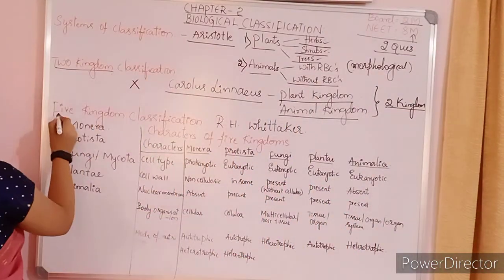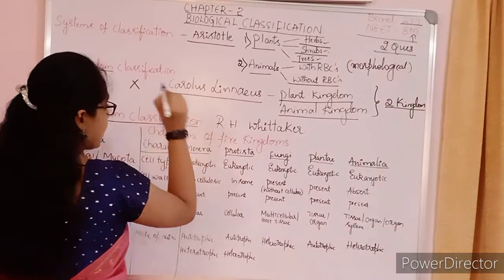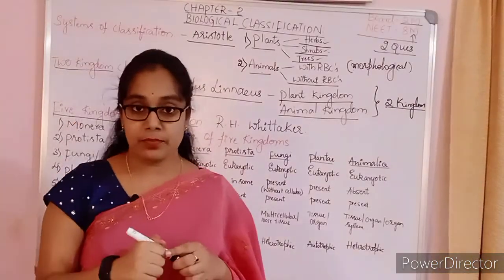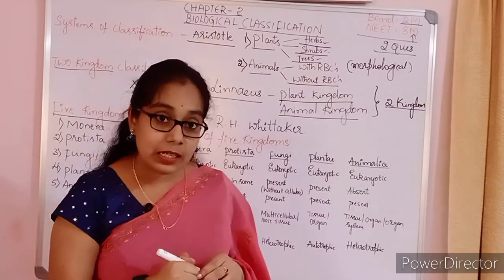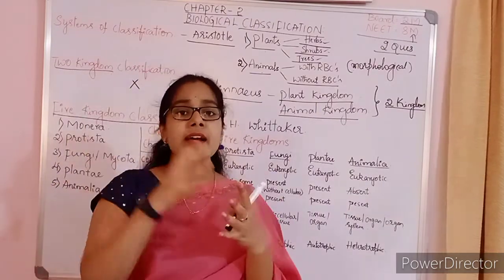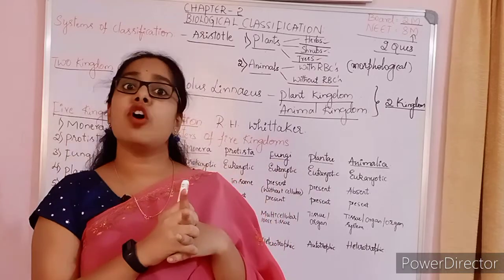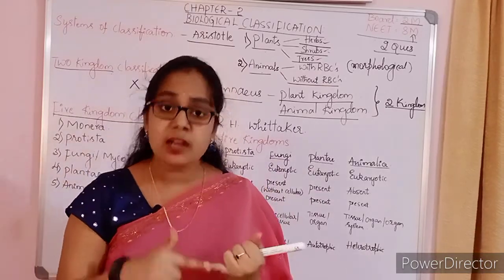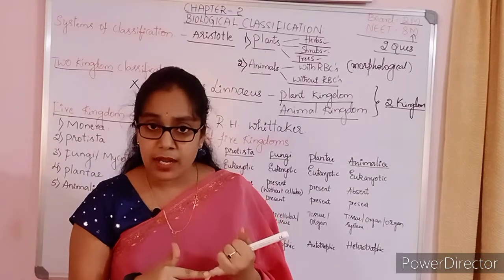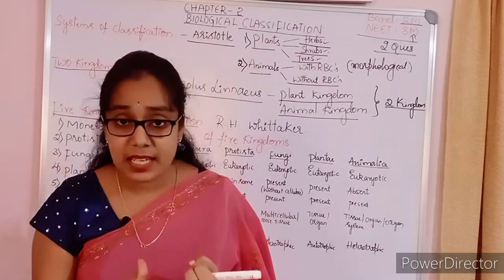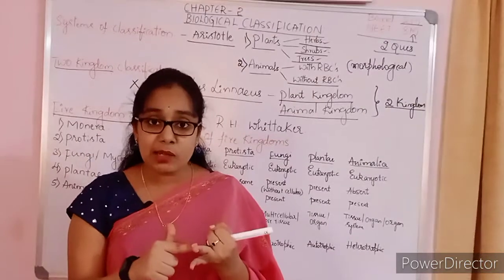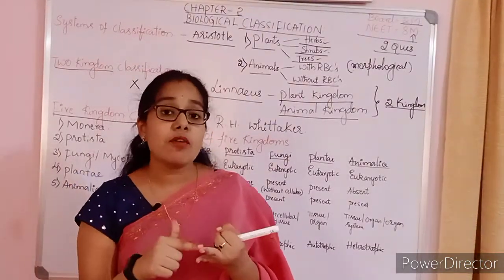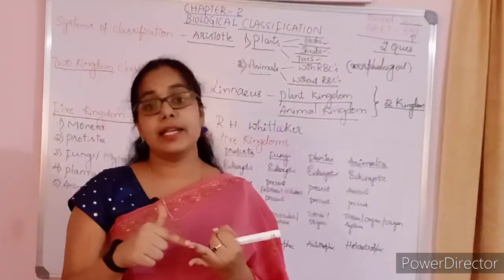Next comes another scientist called R.H. Whittaker. By studying the entire characteristics of the living organisms, it may be the cell type, whether it is unicellular or multicellular, whether it has a cell wall or not, and if it has a cell wall, whether it is made up of cellulose, polysaccharides or chitin.